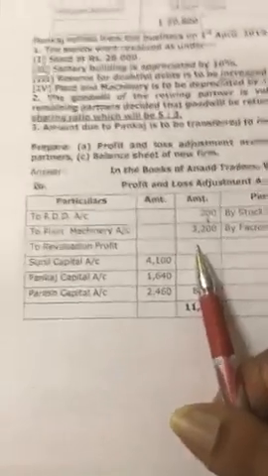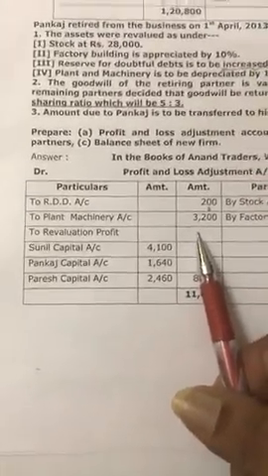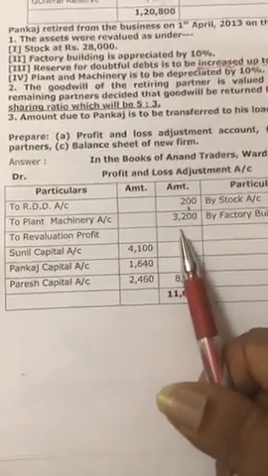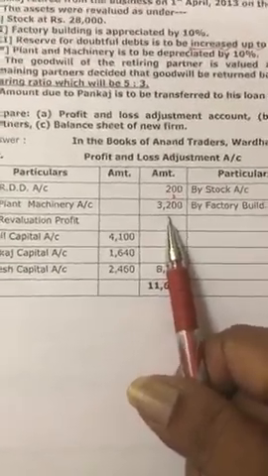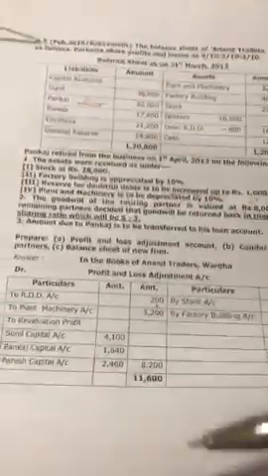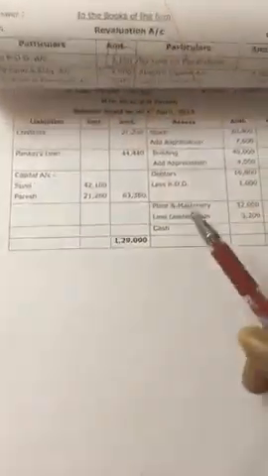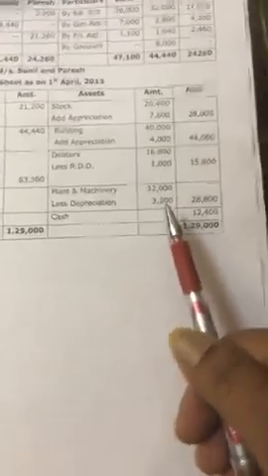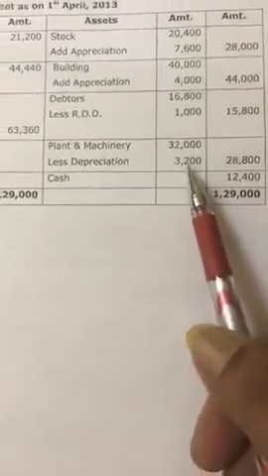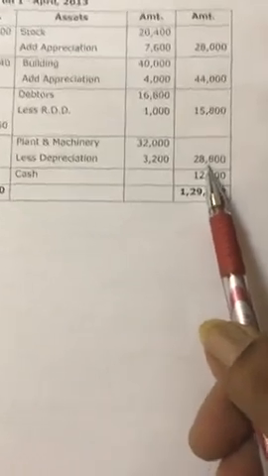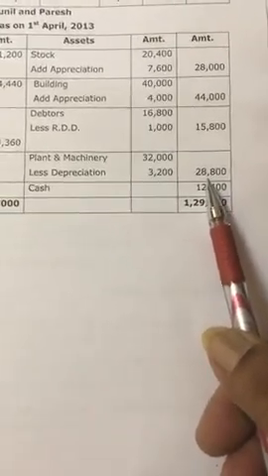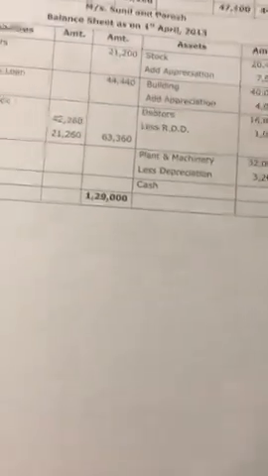The difference will come here, as I told you at the time of admission: 3,200 loss, debit side of revaluation. Then deduct it from the asset side. Revised value 32,000 minus 3,200, in the outer column 28,800.